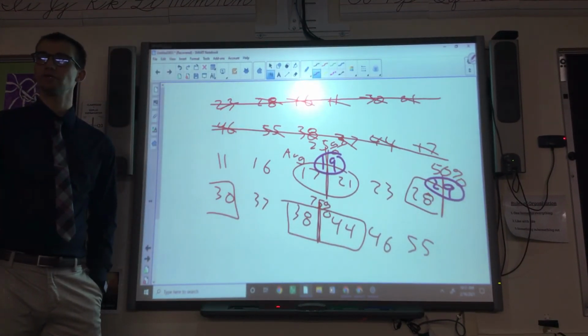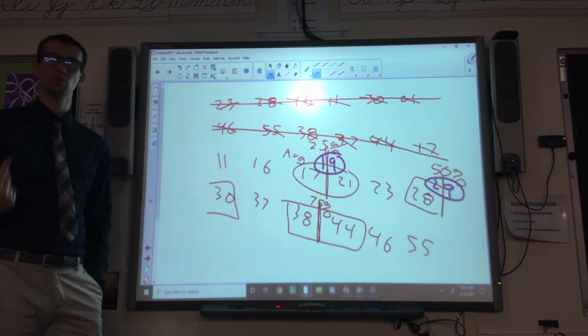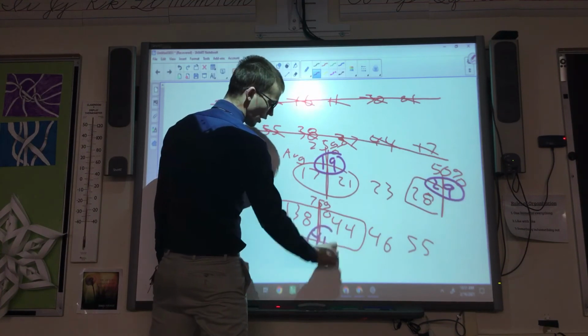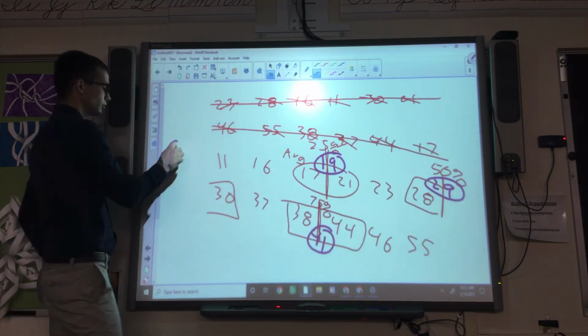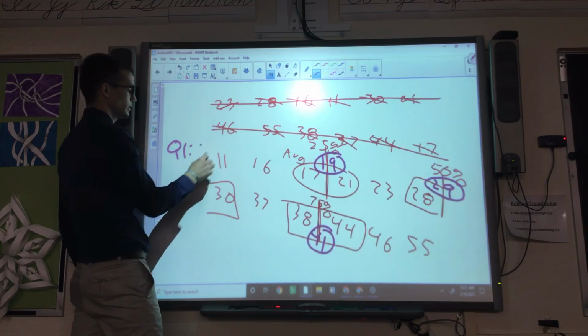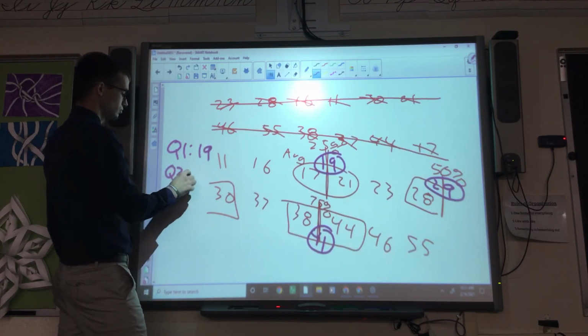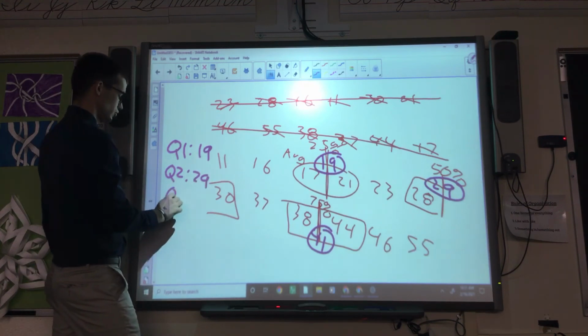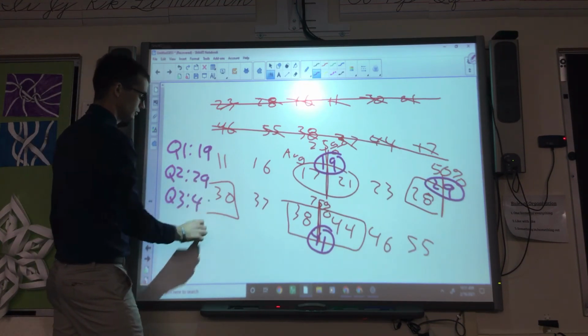I think 8 and 14. If I did 8 and 14 together, that's 22. 22 divided by 2 is 11, so that's 41. So I would say Q1 is 19, Q2 is 29, Q3 is 41.